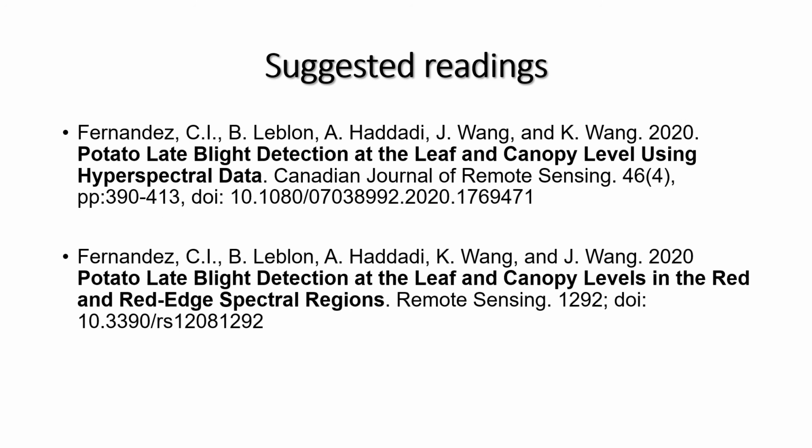These are the suggested readings that I mentioned earlier. So it could be interesting if you can have a look at them because you can see more figures, you can see all the formulas, you can see the full methodology, and also you can see the difference between the leaf results that I showed you here against the canopy level results that is using the whole plant, not only leaves.